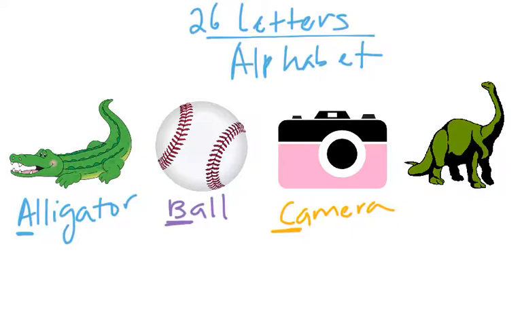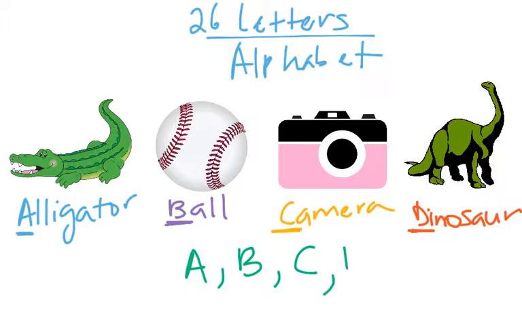Now, the next one is D for dinosaur. D for dinosaur. So that's a D right there. Great. We have done A, B, C, D. So let me write that down here. I'll write it down. A, B, and these are just commas that I'm including between A, B, C, D. So those are our 4 letters.